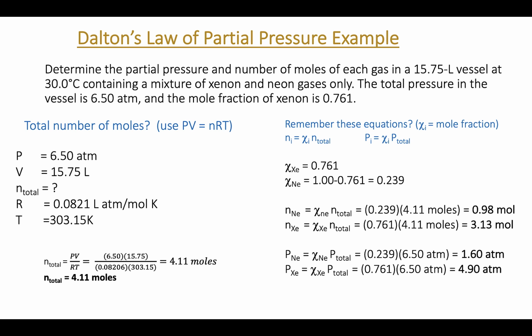Their partial pressures mean that they are each contributing a portion of pressure, which add up to the total pressure of 6.5 atmospheres, but they both occupy the whole 15.75 liters. And that, again, I think is something worth mentioning. There is no partial volume. They don't occupy sections of the container. They both are making a solution and therefore occupy the entire container. Both gases do this.